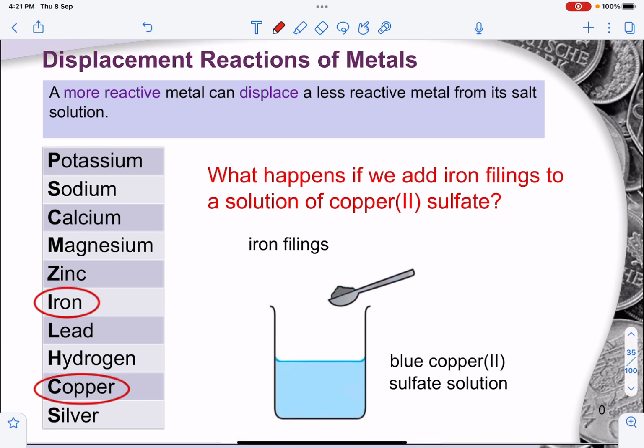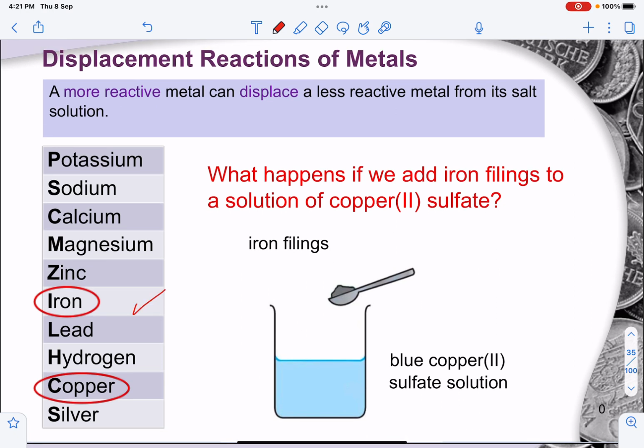So we see iron being higher in the reactivity series than copper 2. What will happen is this iron will displace copper 2, such that copper 2 will come out and iron will come in to replace the copper 2. So you'll form iron 2 sulfate, and you will also form a copper solution.